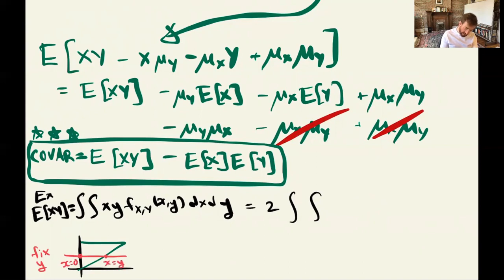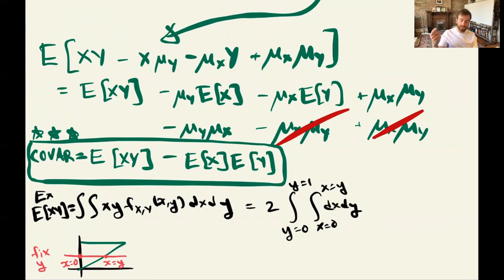And then I'm going to eventually integrate with respect to y. All right, so those limits are going to be from y equals 0 to y equals 1, but my x limits are from x equals 0 to x equals y of dx dy.